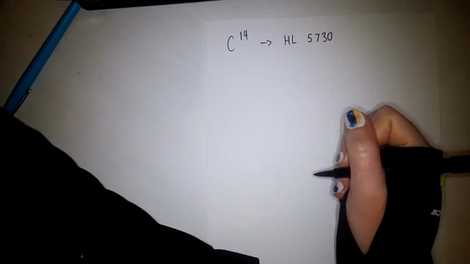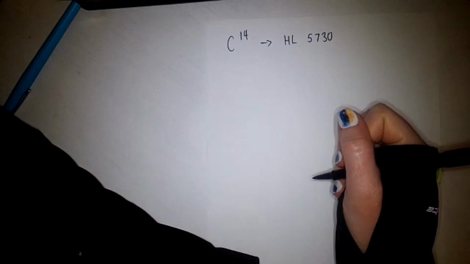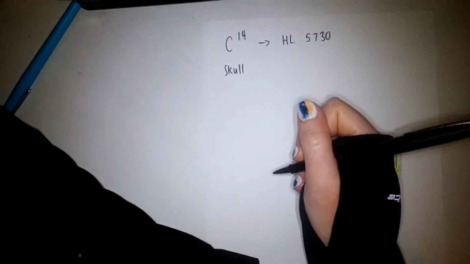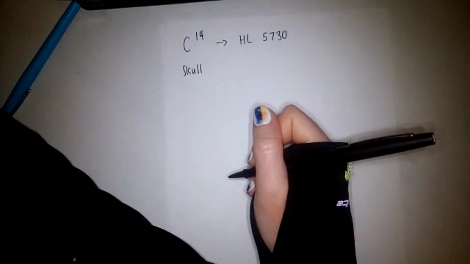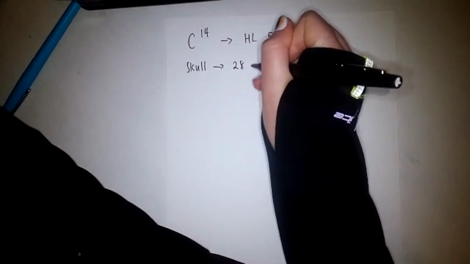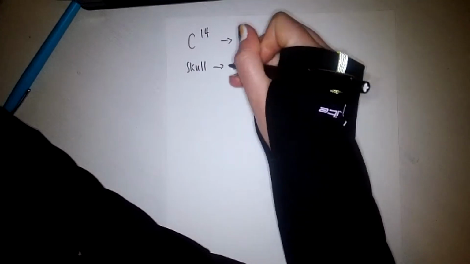So another example is this. If we've got carbon 14, carbon 14 has a half-life of 5,730 years. That's a very long time. Scientists dig up a skull. I'm not going to try and draw one because I can't draw to save my life. You all know that. So there's my skull. The skull is about 28,000 years old.